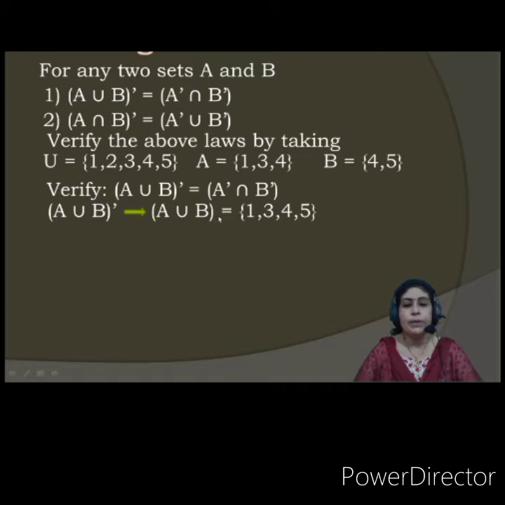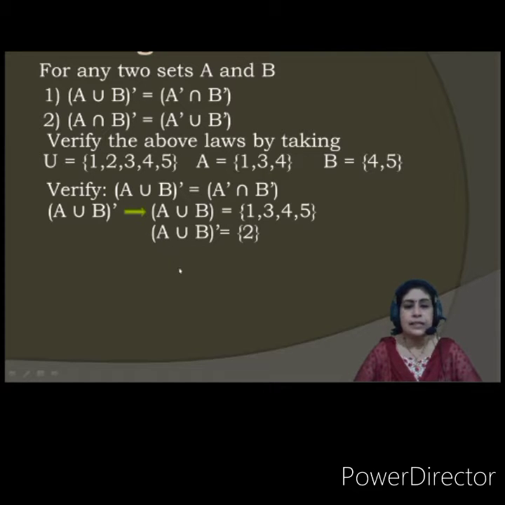Complement means all those elements which are there in the universal set but do not belong to the A union B set. Now which is that element? See, 1 is there, 2 is not there, so 2 will come, 3 is there, 4 is there, 5 is there. So what will be the complement? Only 2, a singleton set, right?